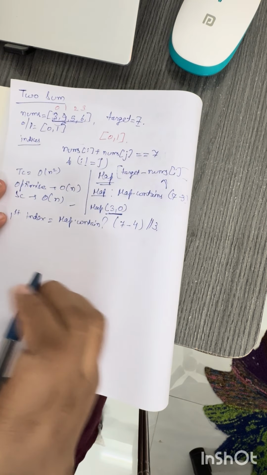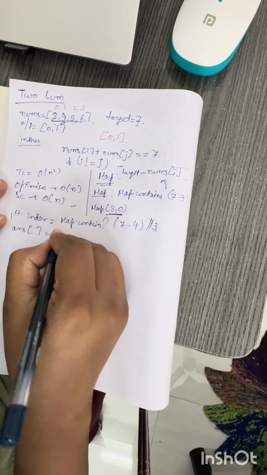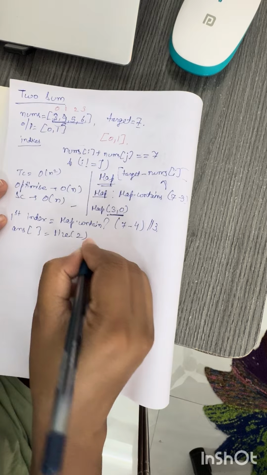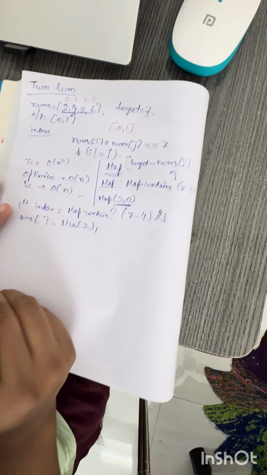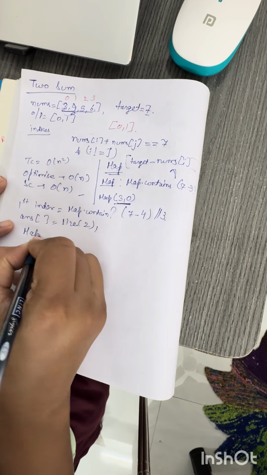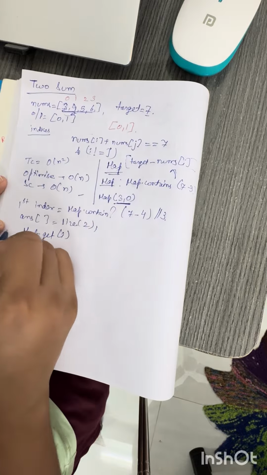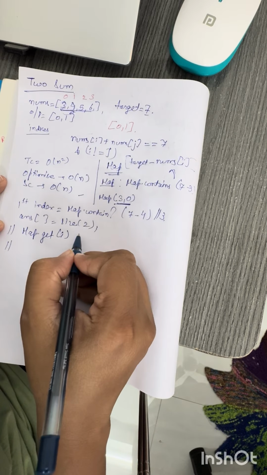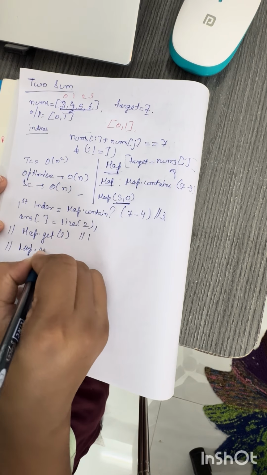Then we will create an array answer of size 2. We have created an array and we will fill in both the indices. We will do map dot get i, and we are going to insert this value, that in this case will be first index.